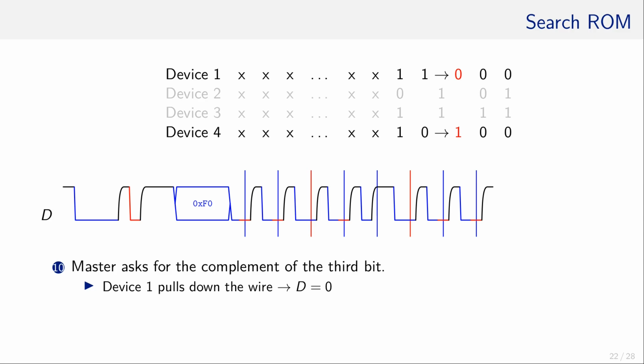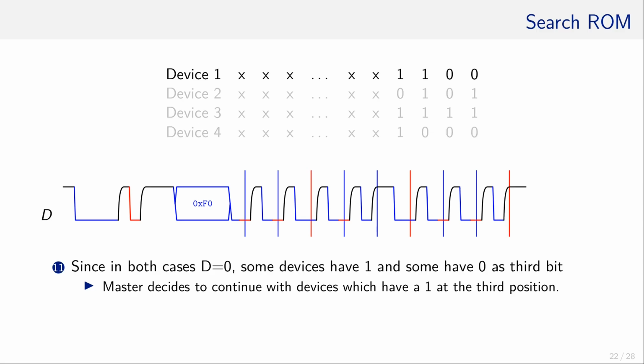At least one of them has a 1 as third bit. Again, the master transmits its decision how to proceed, and slaves that have a 1 at the third position continue with the search ROM command, while all other drop out.